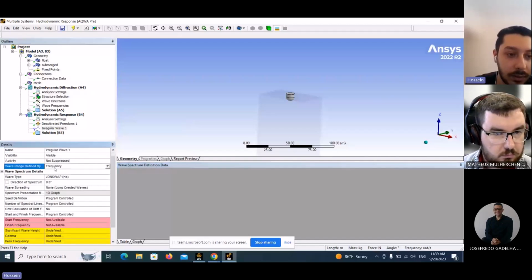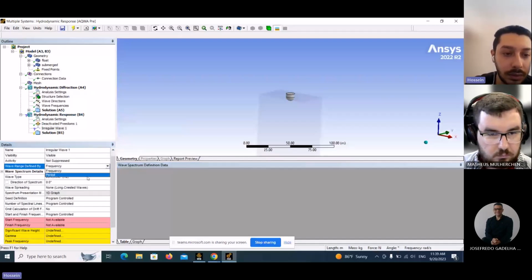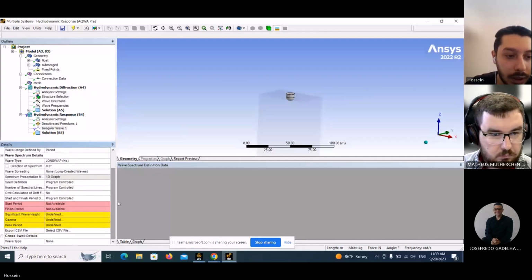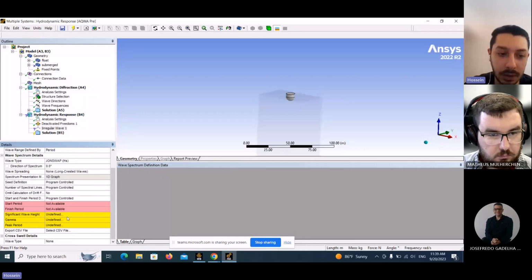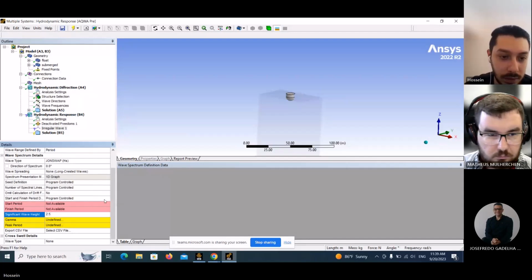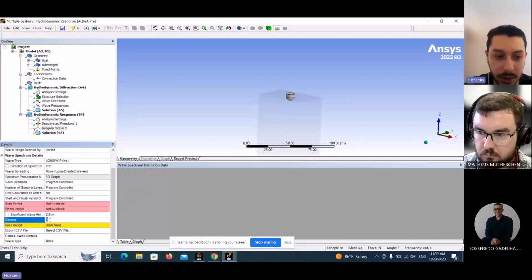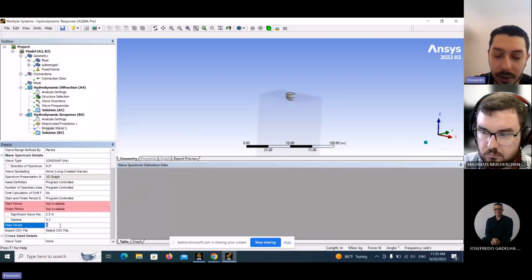For the wave range, you can add it by frequency or period. I put it on the period. And here you should define the significant wave height, the gamma parameter, and the peak period. The significant wave height we assume to be 3.3, and the peak wave period 8 seconds.